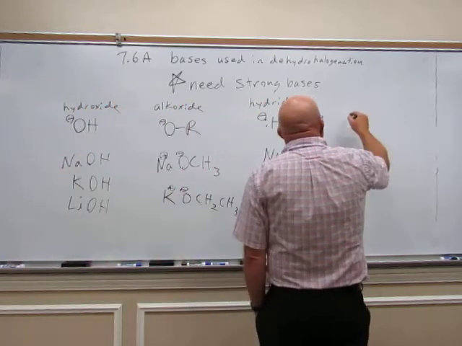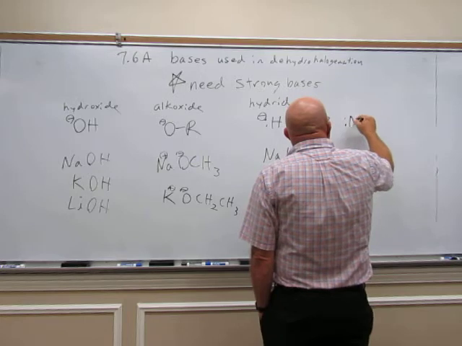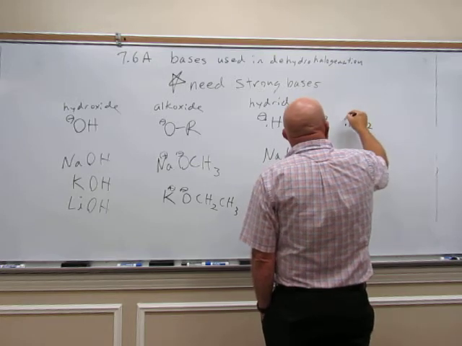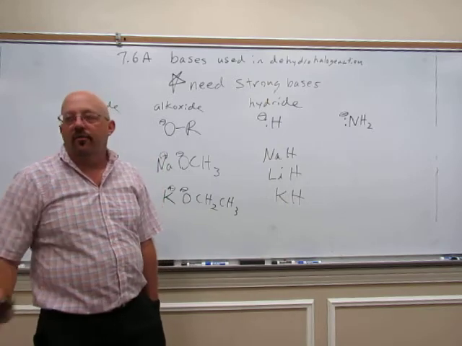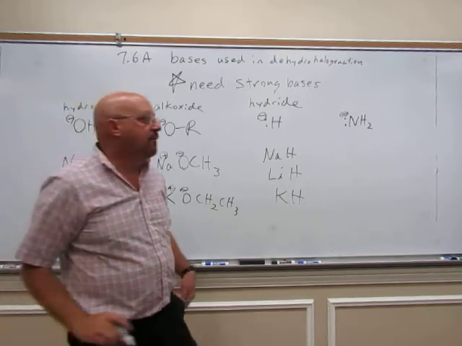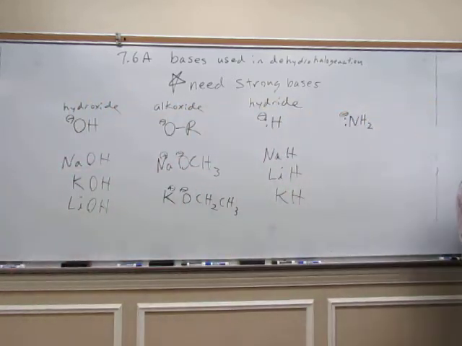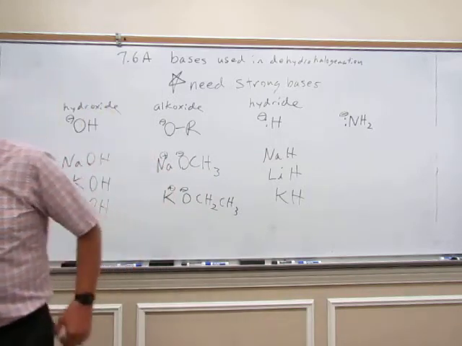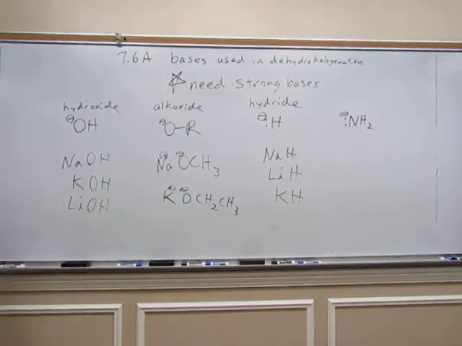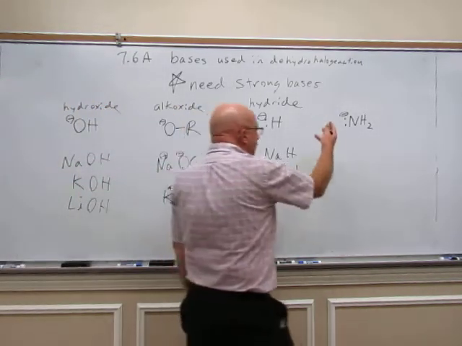And then finally we talked about the full negative charge on a nitrogen. This is confusing. This is called an amide, even though we're used to an amide being a nitrogen connected to a carbonyl. This is still called an amide. I don't know why they don't have a different name. So it doesn't matter what the counter ion is.